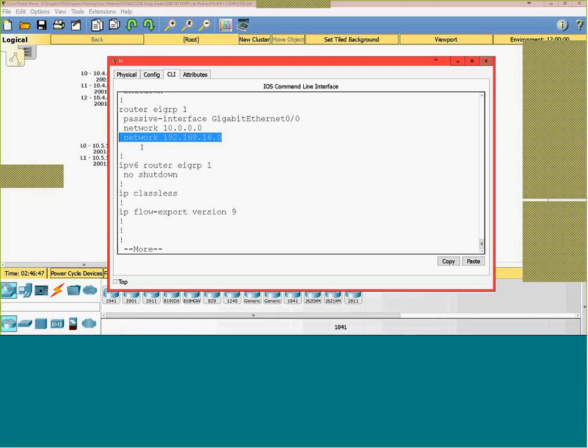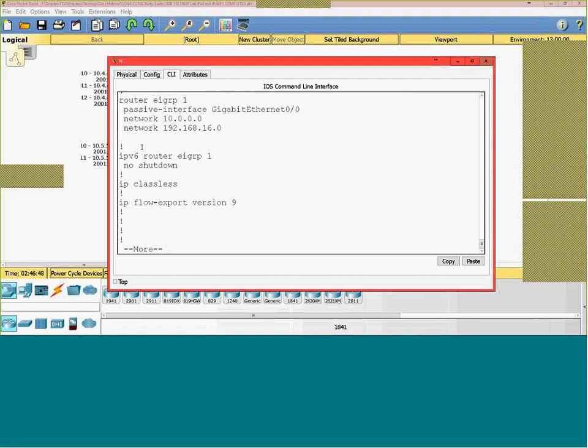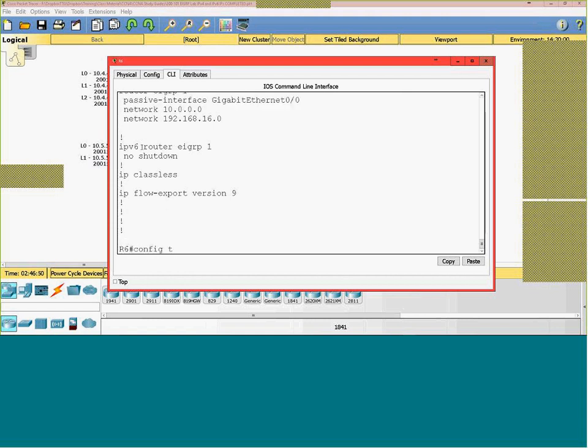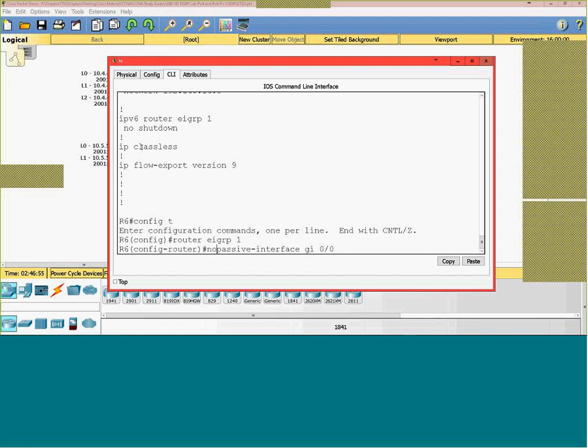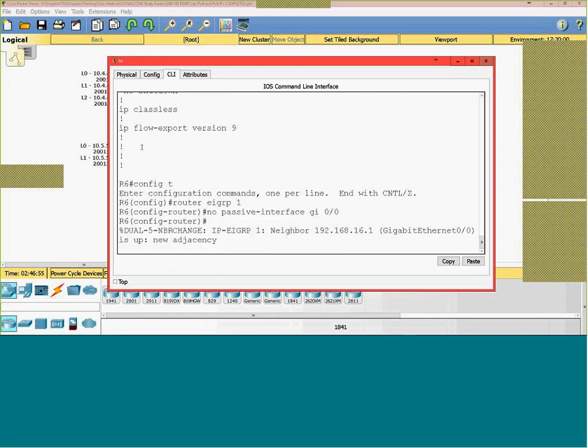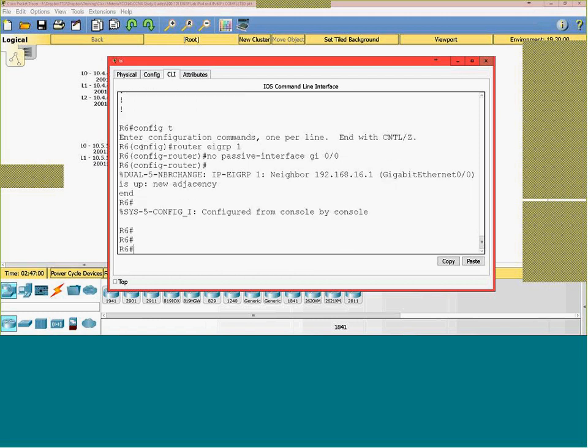Does that make sense? So, of course, you don't want to make interfaces passive that attach to other routers in the network. The only types of interfaces you would want to make passive are interfaces that go to LANs that don't have any routers. We don't happen to have any of those in our topology. All right?